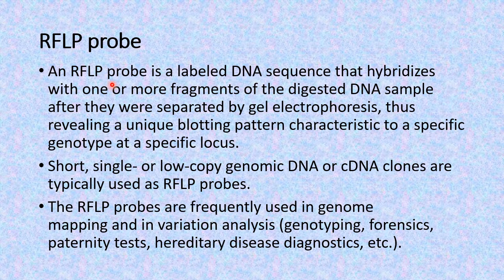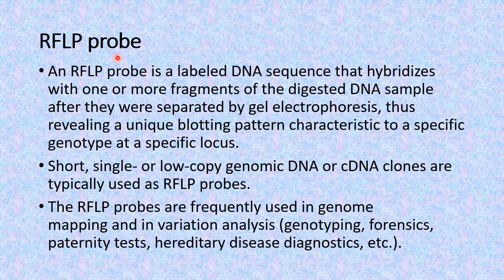So a probe means they are labeled DNA sequences, and this labeling may be of some fluorescent molecule, or it may be radioactive, that is P32 can be the label that is used for this RFLP probe.